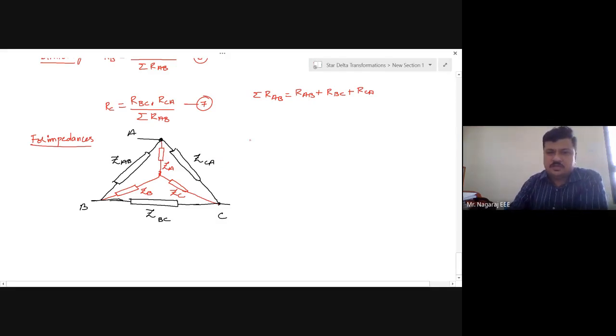So similarly, ZA is equal to what? The two impedances connected to terminal A, ZAB and ZCA, multiply them: ZAB into ZCA divided by summation ZAB. ZB is equal to the impedances connected to terminal B: ZBC into ZAB divided by summation ZAB.